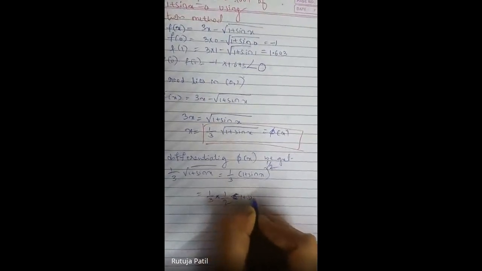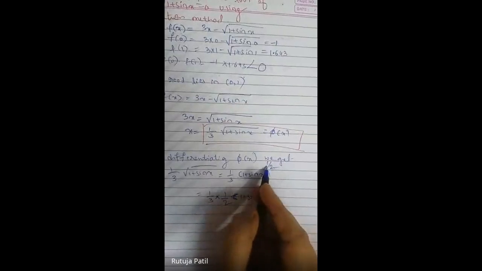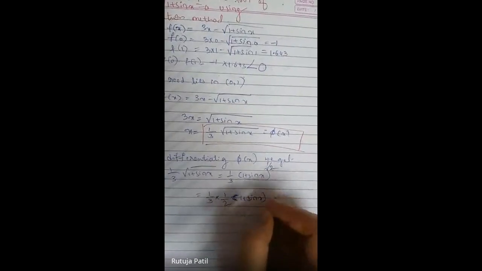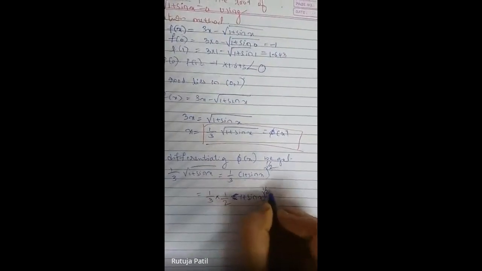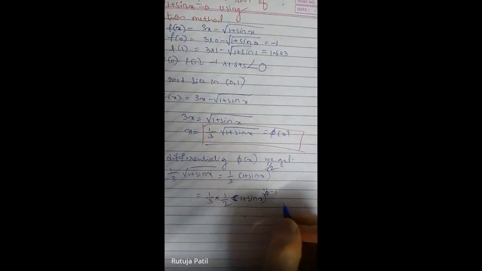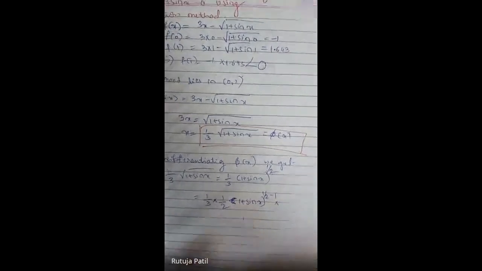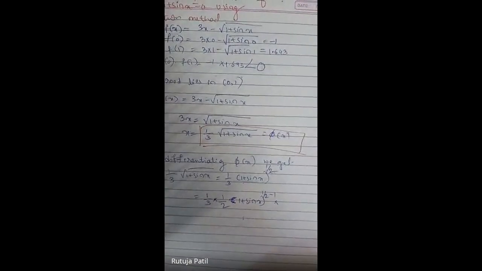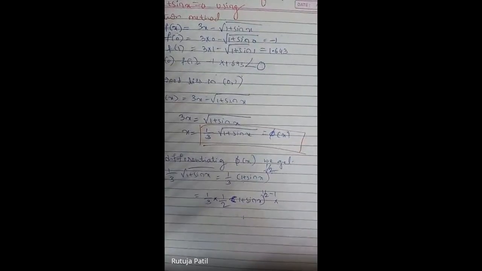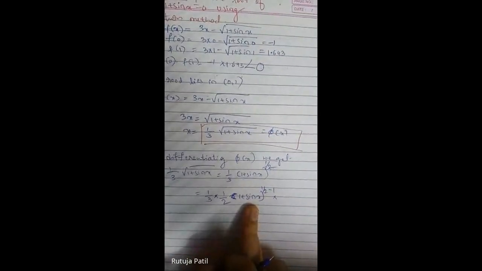So x to the power n is n into 1 by 2, 1 plus sine x to the power 1 by 2 minus 1, that is 1 divided by 2 minus 1, into, again this is not simply x, it is sine x. If you find the differentiation of sine x, that is again cos x.